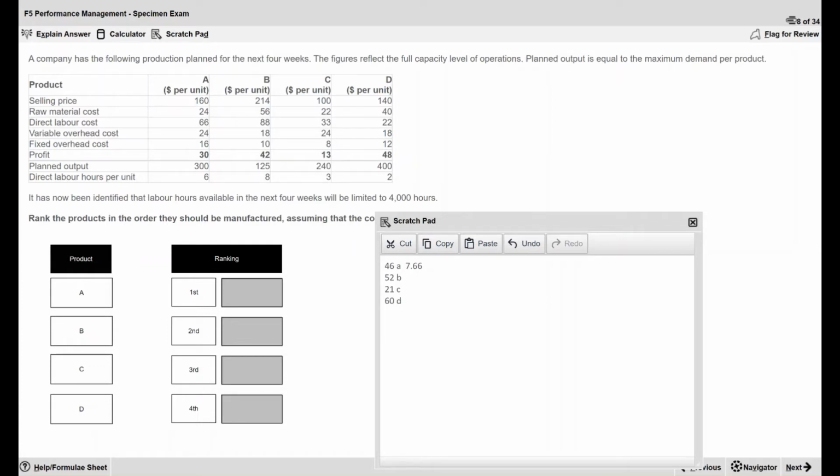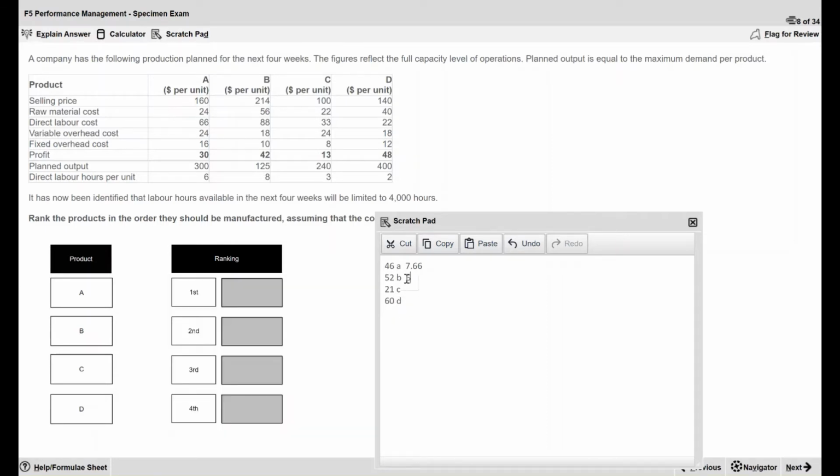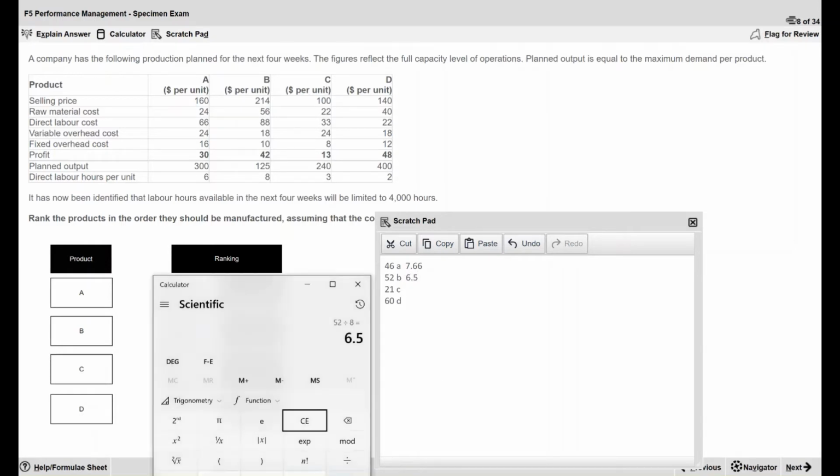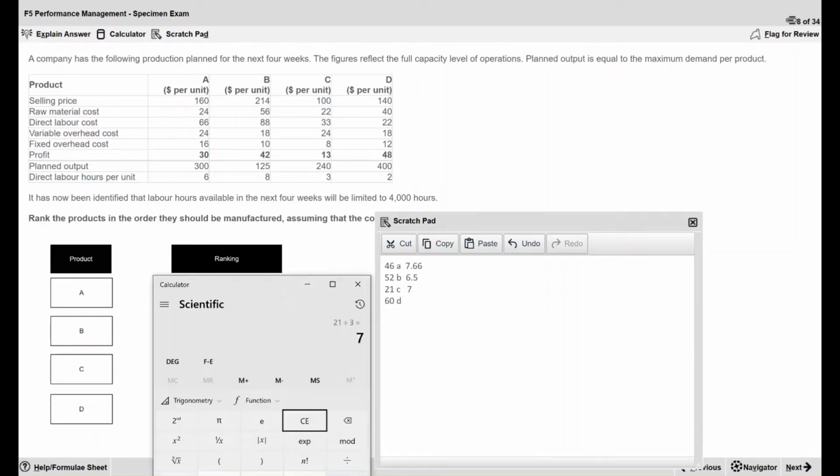Next one, 52 contribution divided by 8 hours, 6.50. Next, 21 contribution divided by 3 hours, it becomes 7. And then we have 60 divided by 2, which is 30.